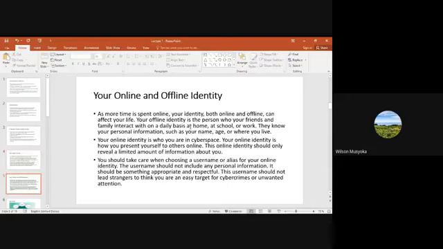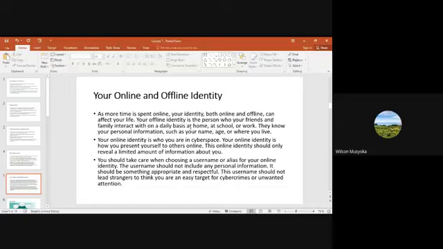Now, when we are looking at your online identity and offline identity at the individual level, we look at it this way. Nowadays, most people are spending time online, and your identity, which is both online and offline, can affect your life. Your offline identity is the person who is staying with friends and family on a daily basis, either at home or at work, and they know your personal information such as your name, your age, where you live.